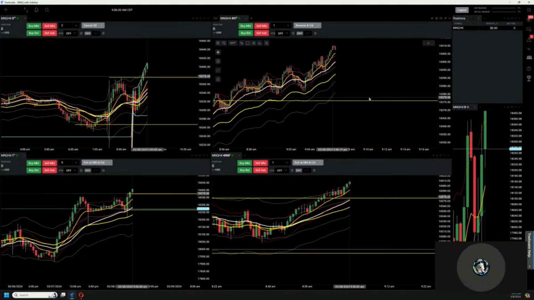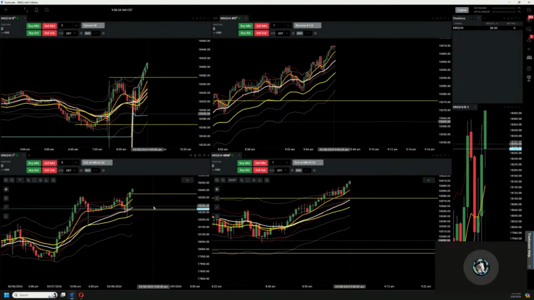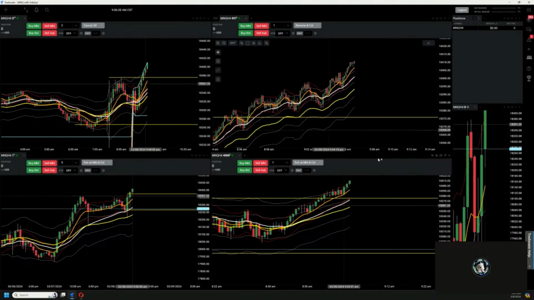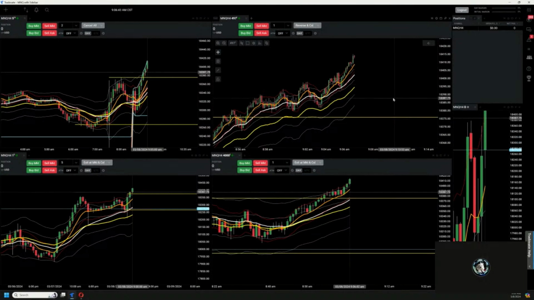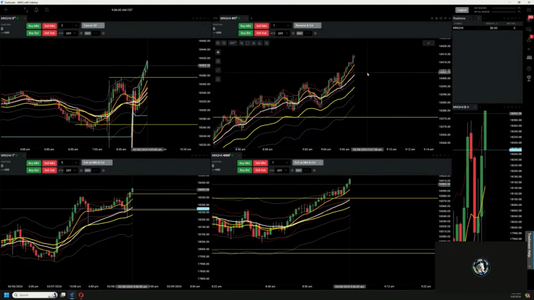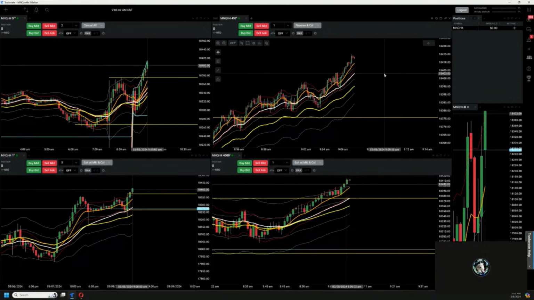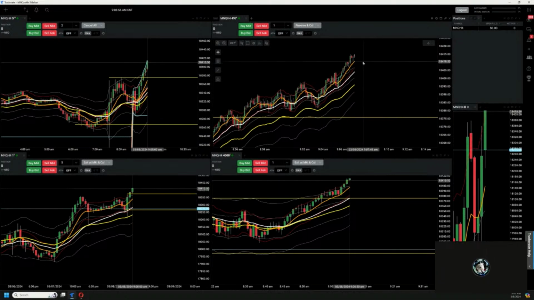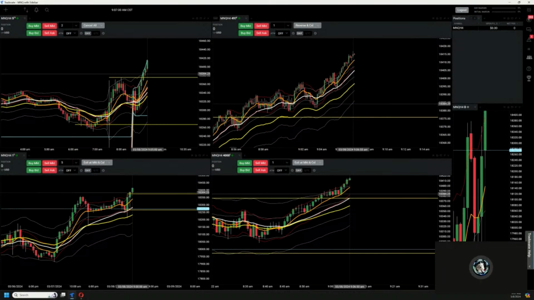So the question is, is this 60 going to expand from here? I'm out. I reversed on my long and then got out. I should have stayed in the long. I'm putting my stops too close.